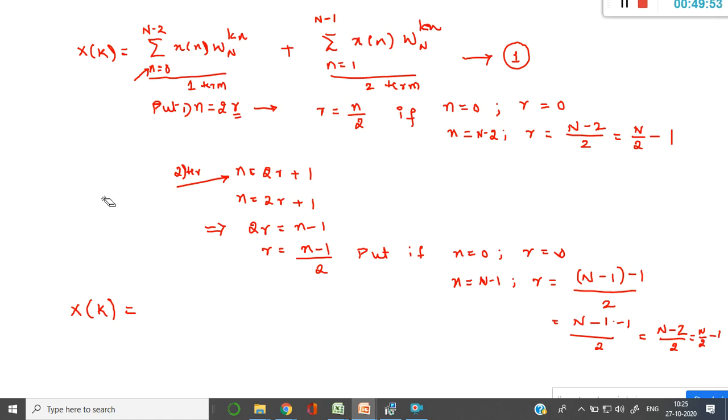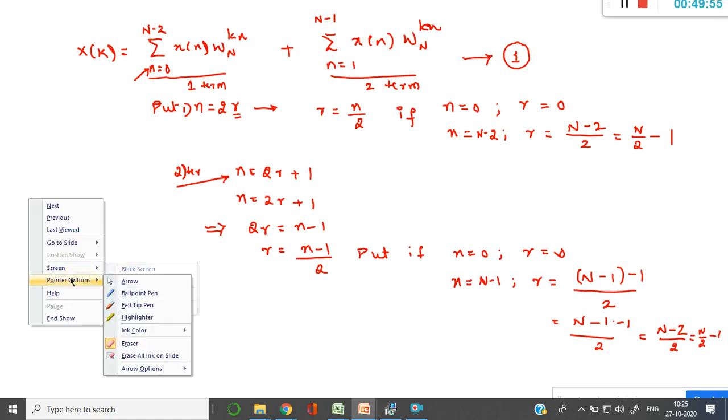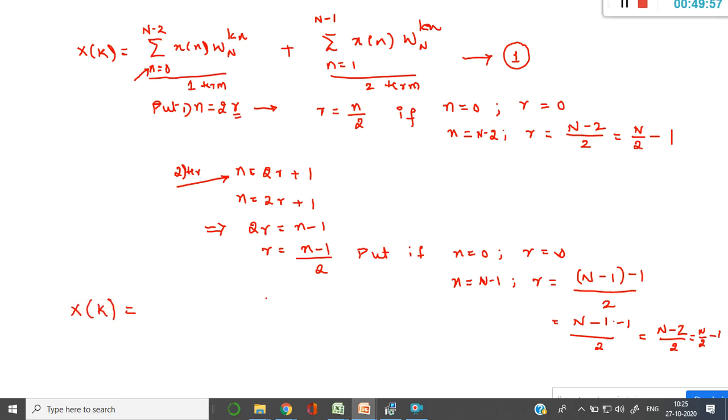First range: x of k, r equal to 0 to n by 2 minus 1, but x of n, what is n here? x of n is replaced by x of 2r because we took n equal to 2r, and similarly W_N^{kn} becomes W_N^{k2r}, plus this is the even sequence.